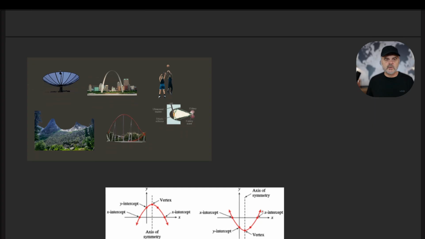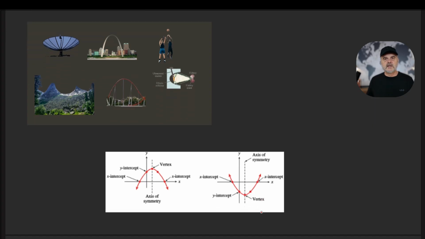For now, we're just introducing parabolas, starting with a very simple idea. You probably have seen parabolas in real life applications in sports, science, technology.